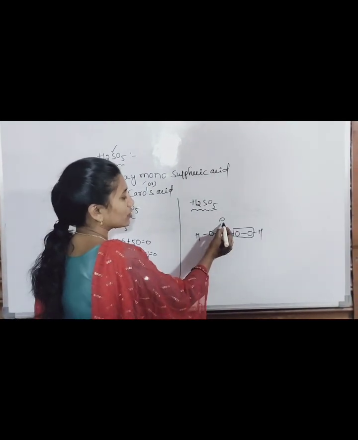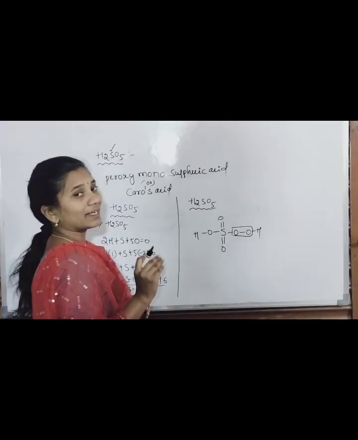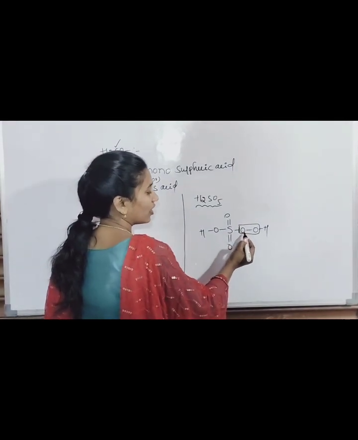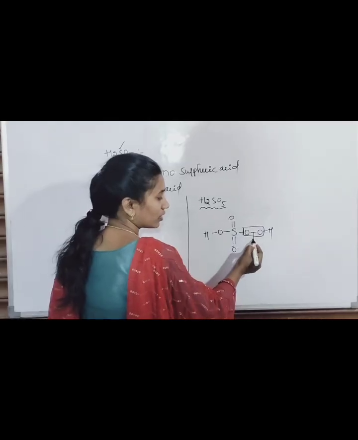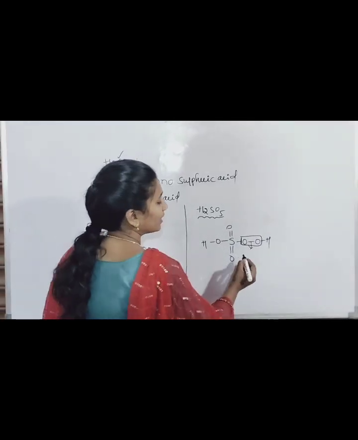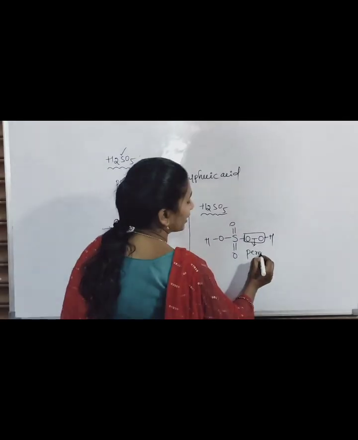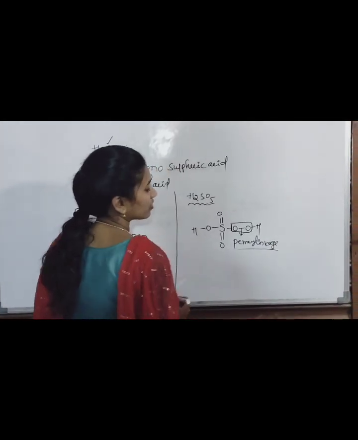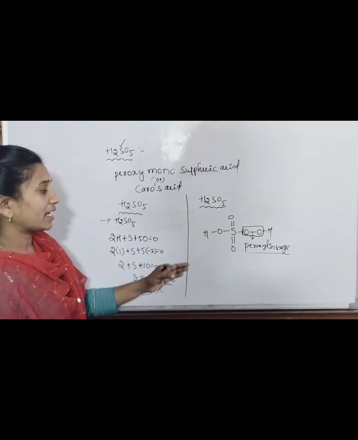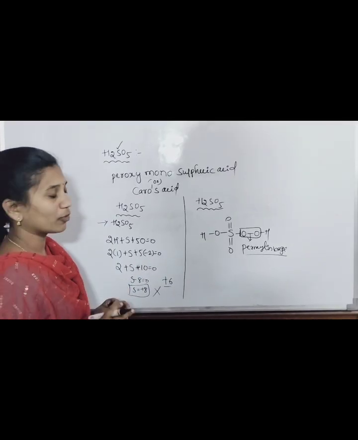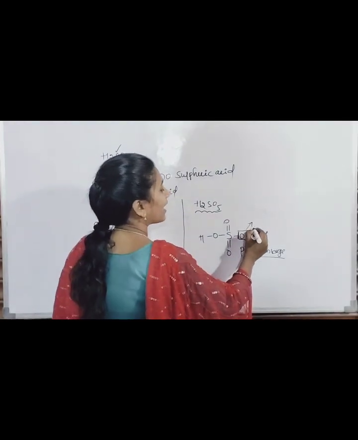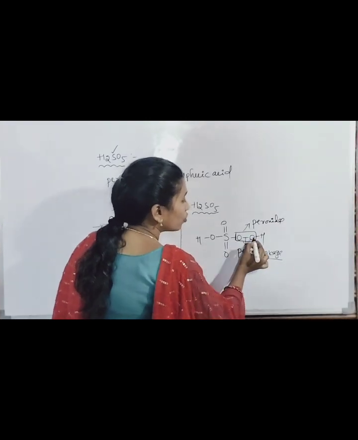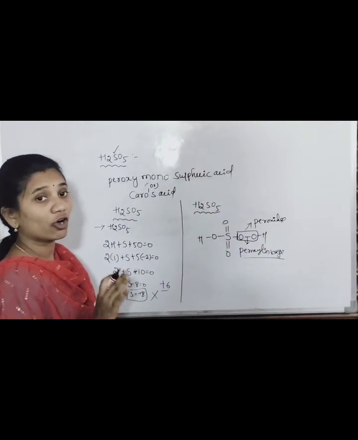Mostly oxygens are attached by double bond, but whenever we see oxygens attached by a single covalent bond, that linkage is called a peroxy linkage. Whenever a peroxy linkage is present in a given compound, those oxygens are called peroxide, not normal oxides.